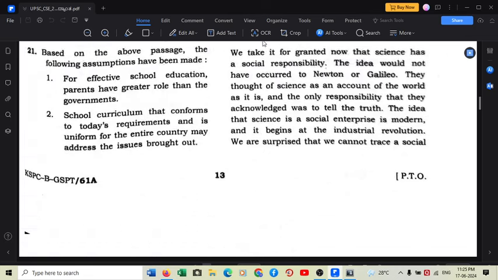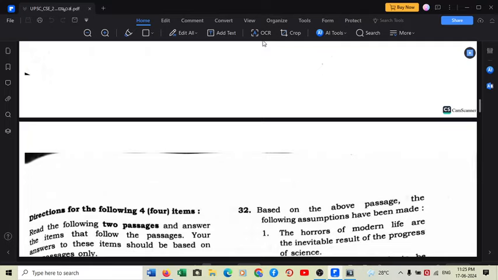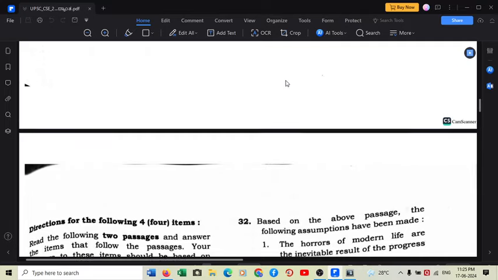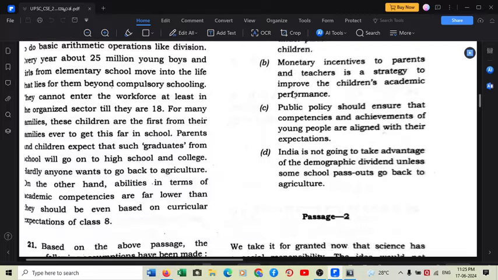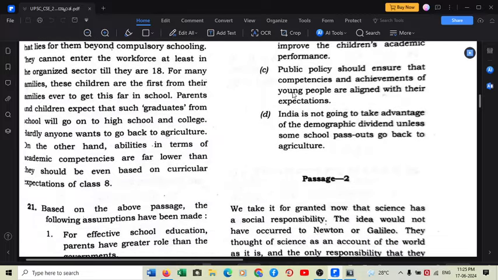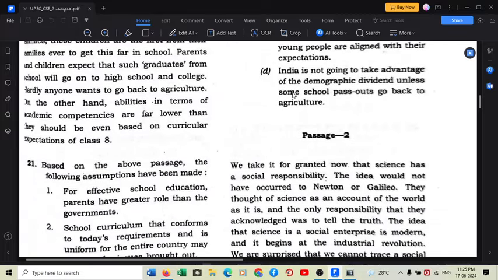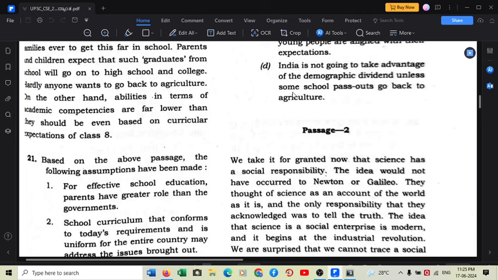Moving to another passage. This passage is based on science. Okay, so we take it for granted now that science has a social responsibility. Definitely yes. Science is the foundational block of the world.